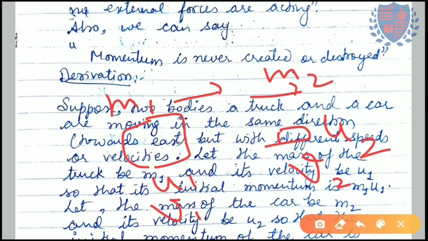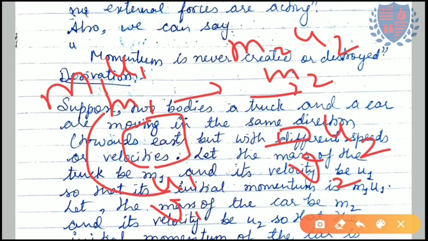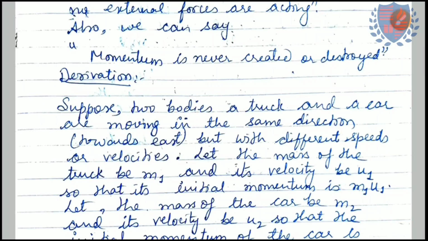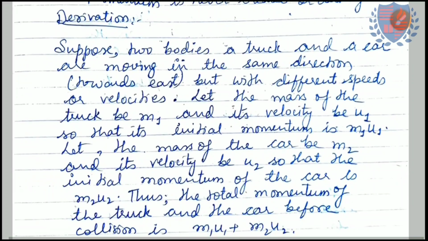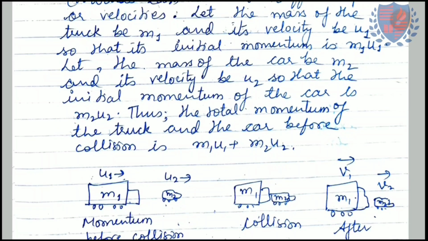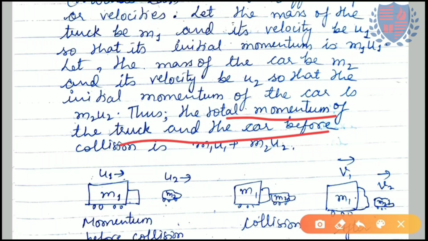These are the assumptions. If we know the mass and initial velocity, what will be the initial momentum? Initial momentum of the truck will be m1 u1, initial momentum of the car will be m2 u2, because momentum is mass into velocity. So the total momentum of the truck and the car before collision will be m1 u1 plus m2 u2.